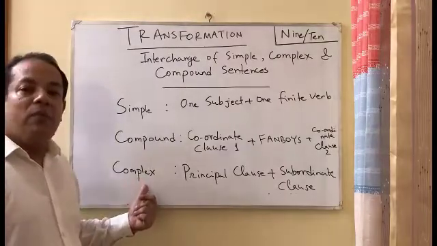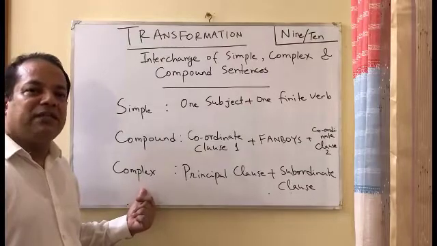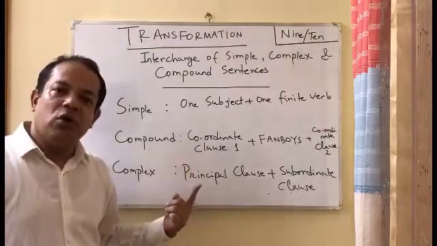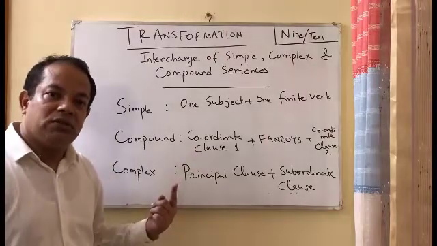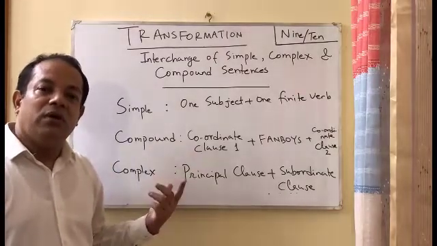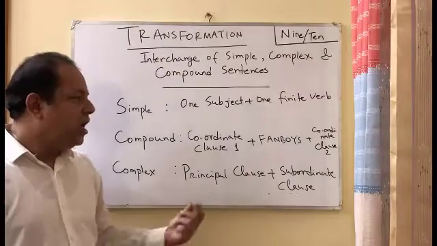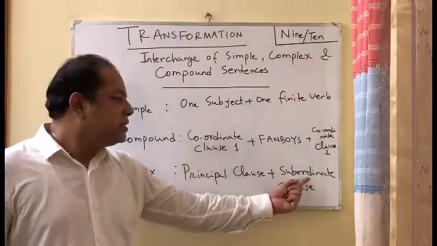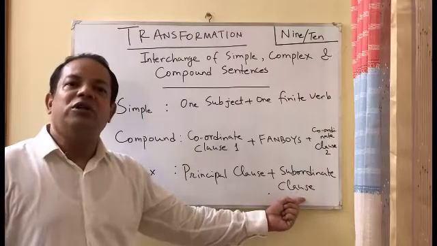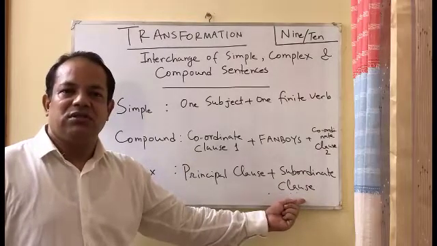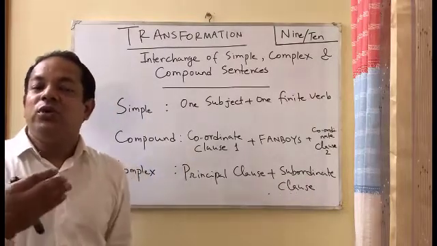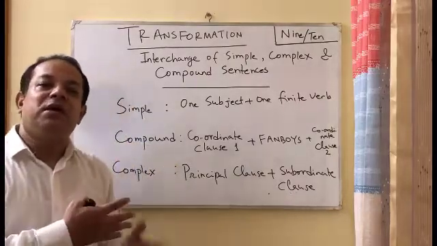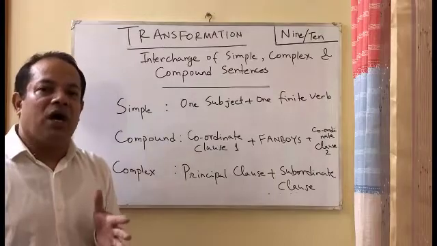And in complex sentence, you will see one principal clause, or one independent clause, and one or more subordinate clause or dependent clause in complex sentence. So you can clearly see that these three types of sentences are quite different from each other.